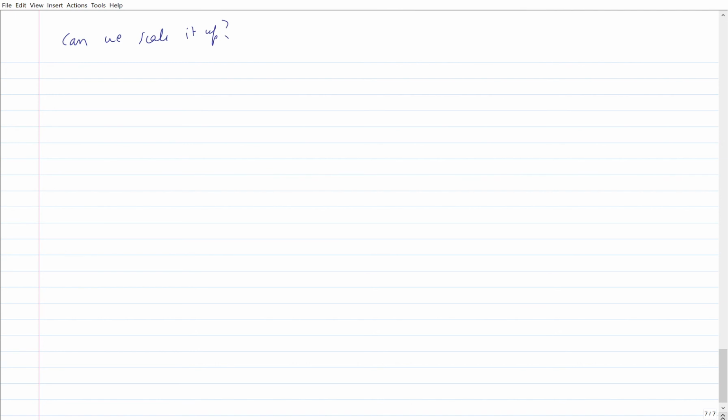So let's say f(x) is an n-bit Boolean function. So the input is going to be some string x1, x2, up to xn.